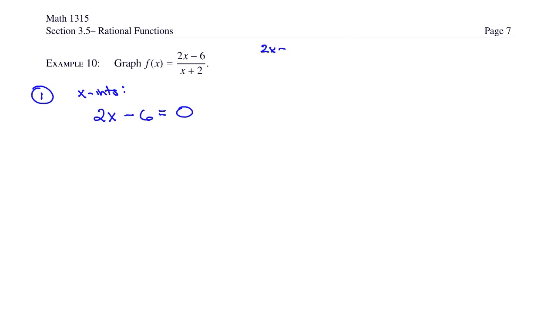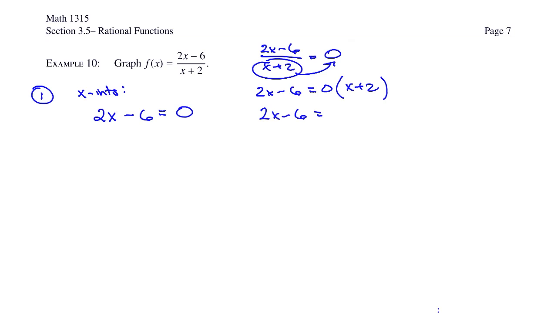If you set the rational function equal to 0, the first step you take in solving is to cross multiply. When you cross multiply, the x plus 2 goes over to the right side and gets multiplied by 0. Multiplication by 0 wipes out the denominator. So what you're left with is 2x minus 6 equals 0.